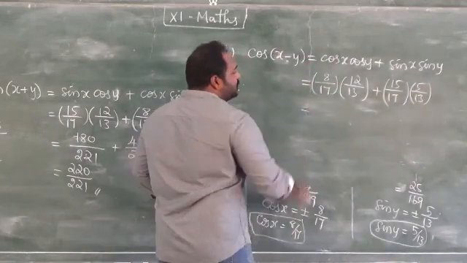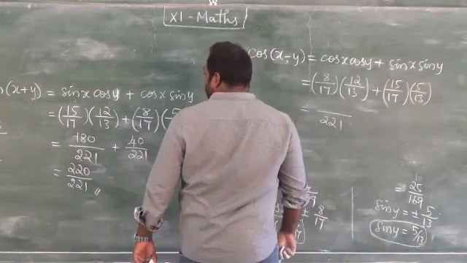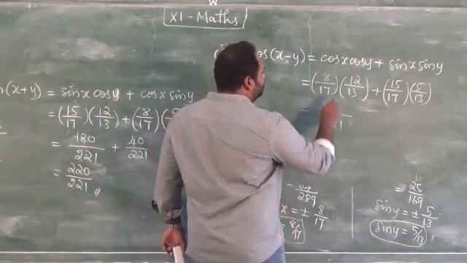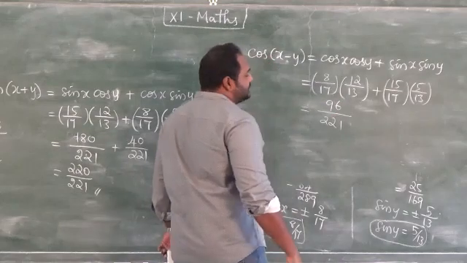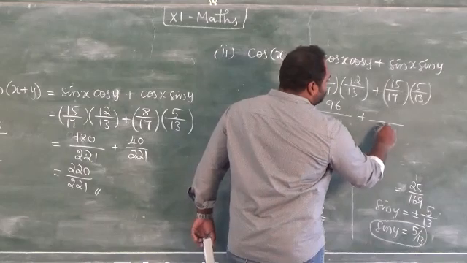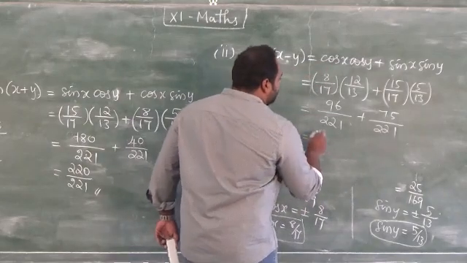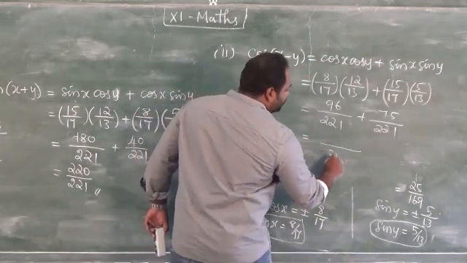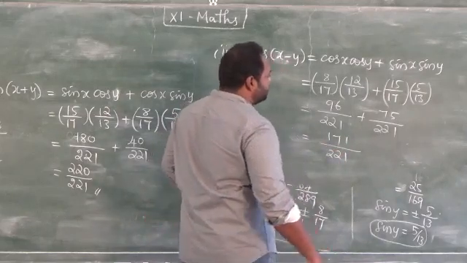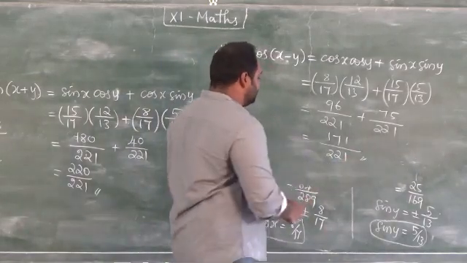So now it is 221, 17 into 13 we have already multiplied, 221. 12 into 8 is 96, plus 221, 5 into 15 is 75. So 221, 1, 170, 171. This is the value of the second subdivision.